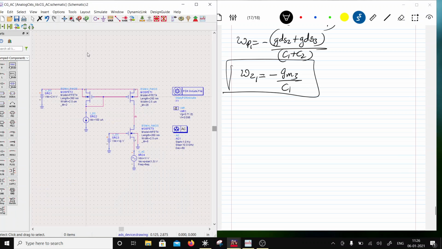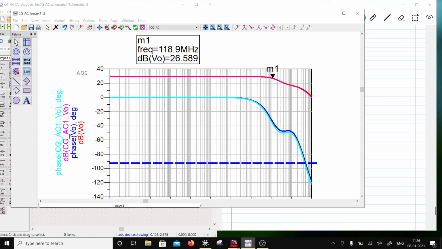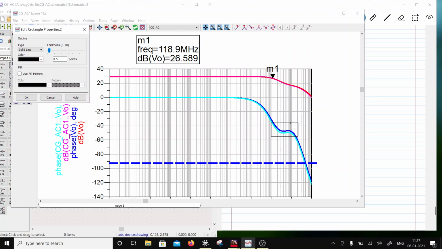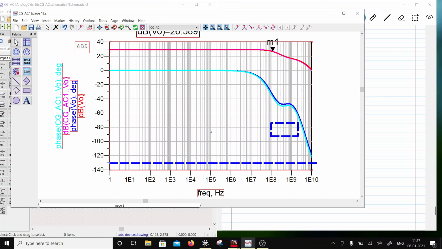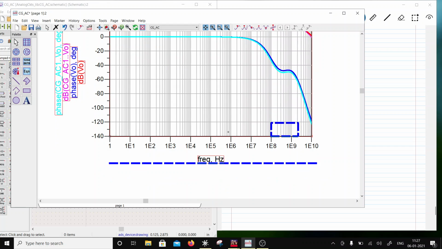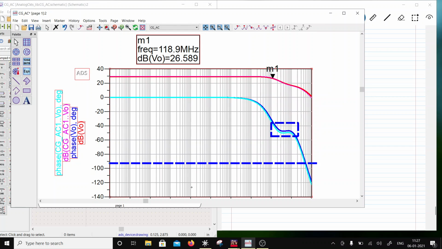So if you see the response here, what you see over here is it's trying to correct, right? It's trying to correct the phase. So that's a very minor 0 which is introduced, right? Okay, so that's a minor 0 which is introduced here. That's why a kink in the phase.